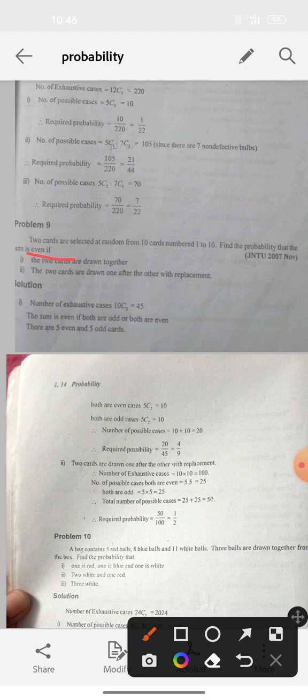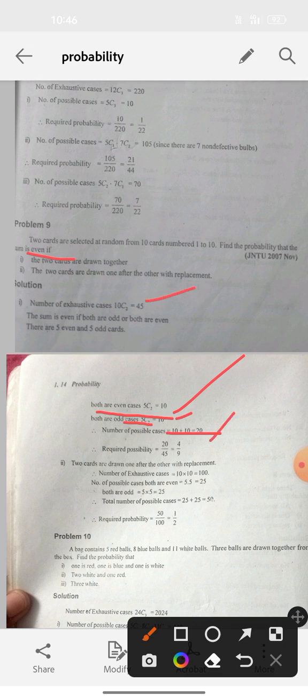If you add up any 2 odd numbers, you will get again an even number. So let's see how it will work. Both are even cases, 5C2, that is 10. If both are odd cases, 5C2, that is 10. So number of possible cases is 10 plus 10. Here it is 'or', so you will add it up. So 20 by 45.